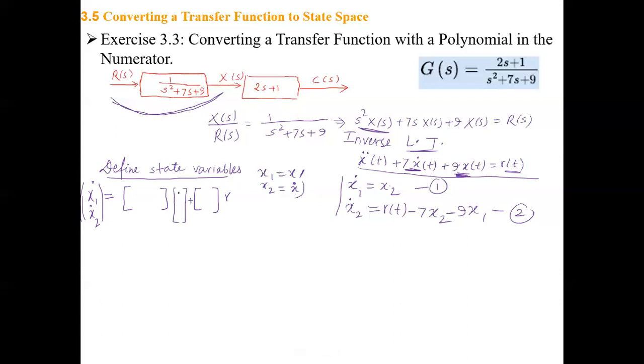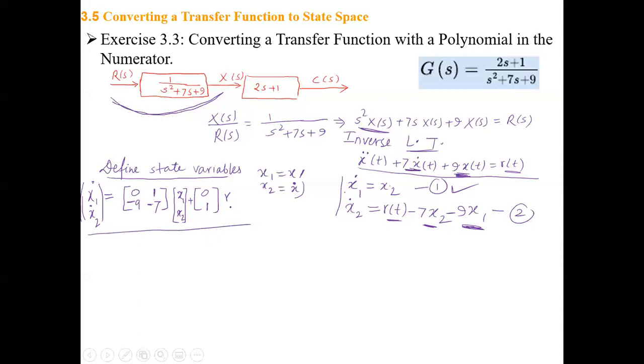Plus, x is x1, x2, right? So what is the matrix here? Help me. In the first one, you just have x2, meaning you don't have x1. This is done. Then in the next one, you have R, right? Oh, by the way, this R coefficient is 0 in the first row. And for the next one you have R, that's why this is 1. R times 1 is R. Then for the x2 part, you have minus 7. For the x1 part, you have minus 9. So that's your thing.